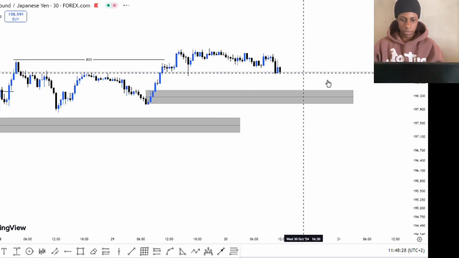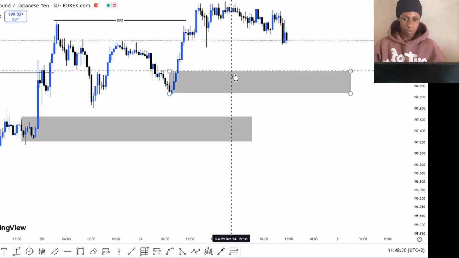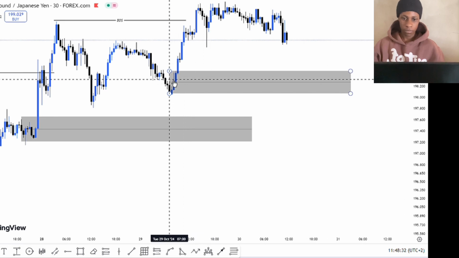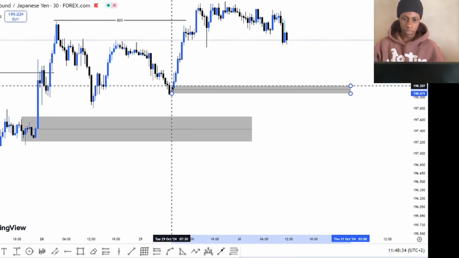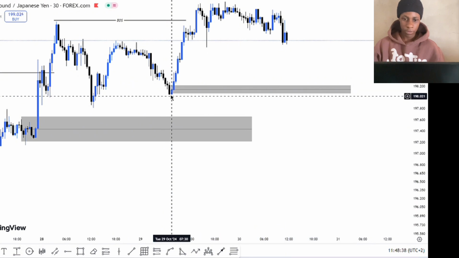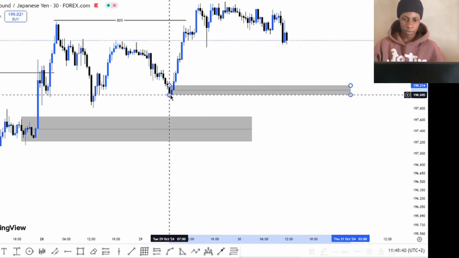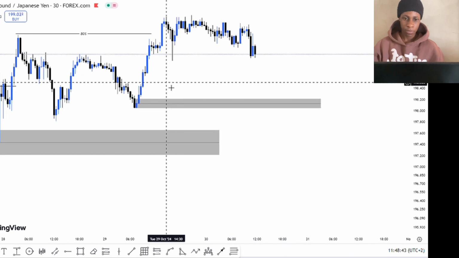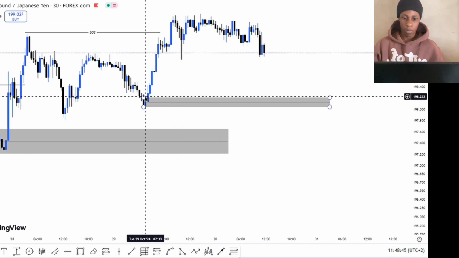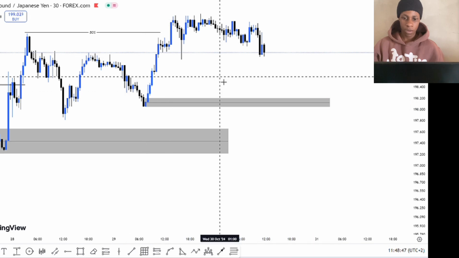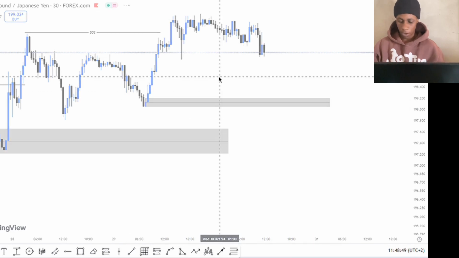That's what we have on the 2 hours. Let's move down to the 1 hour time frame. You can see only the 1 hour is aligning. So let's move down to 30 minutes. On the 30 minutes, we have this particular zone right there.